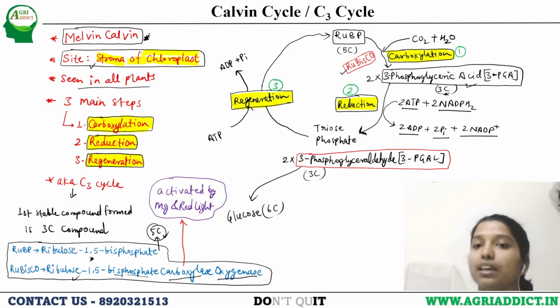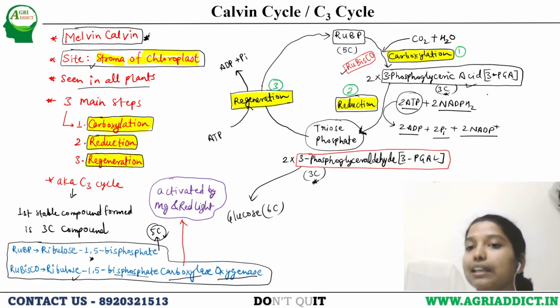When we involve this 2 ATP and 2 NADPH2, the 3-PGA is converted into triose phosphate, which is two molecules of 3-phosphoglyceraldehyde or 3-PGAL. It is also a 3-carbon compound. Here reduction is taking place. Earlier it was an acid, meaning COOH, carboxylic acid. Now it is CHO. Oxygen is getting released. This is the aldehyde molecule.